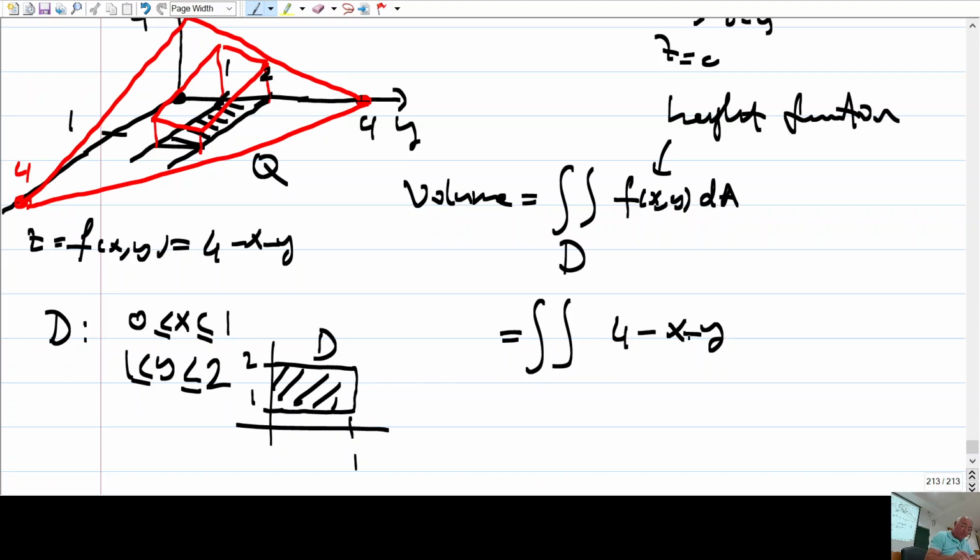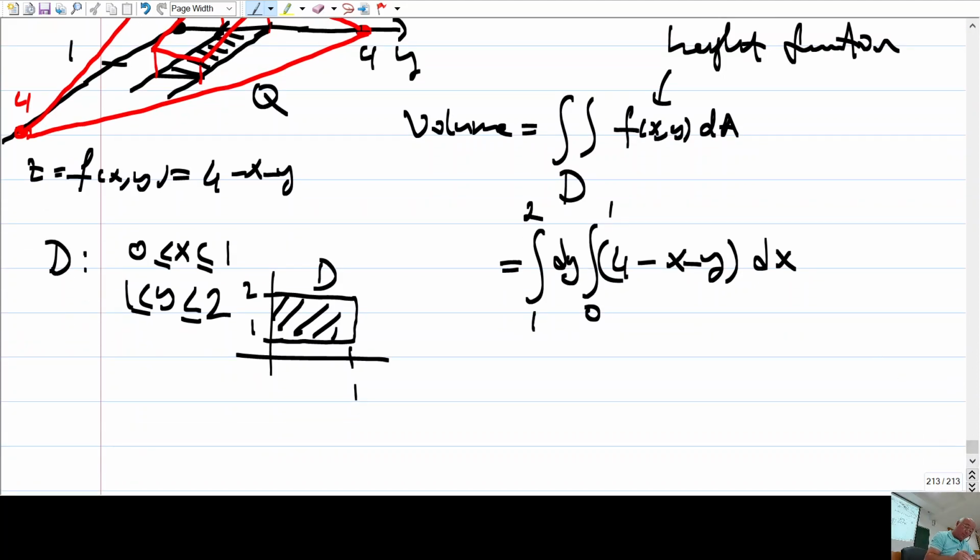For example, first let me integrate with respect to x, and then I'll integrate with respect to y. X is changing from 0 to 1, y is changing from 1 to 2. Okay? So this notation means you first integrate with respect to x, and then whatever you get, you integrate that with respect to y.